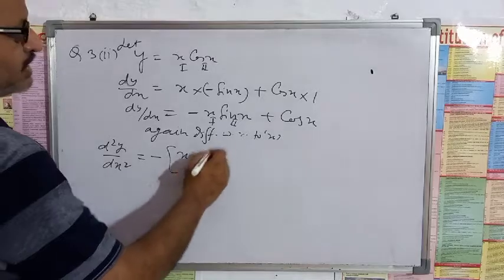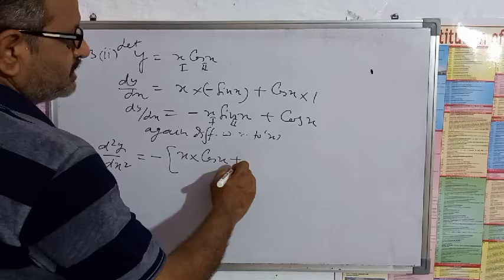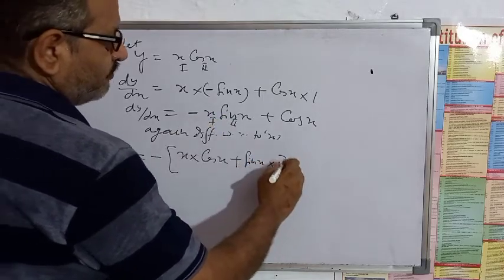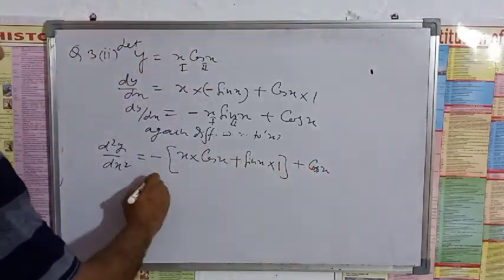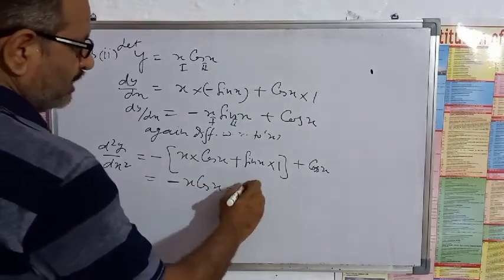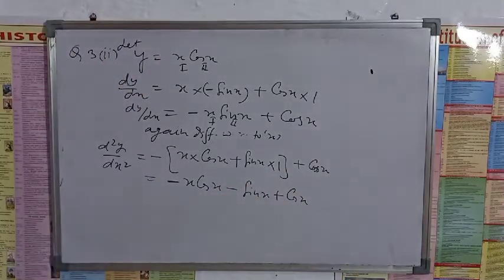First function x, derivative of sine is cos x, plus second function sine x, derivative of x 1, plus cos x. We can open the bracket. Minus x cos x minus sine x plus cos x.